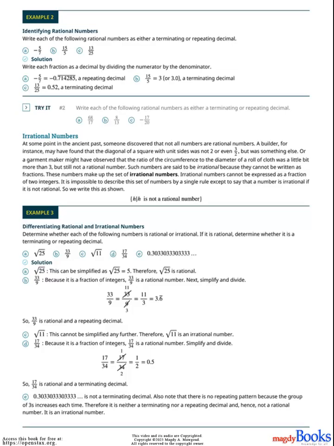E. 0.303303333333 is not a terminating decimal. Also note that there is no repeating pattern because the group of threes increases each time. Therefore it is neither a terminating nor a repeating decimal and, hence, not a rational number. It is an irrational number.